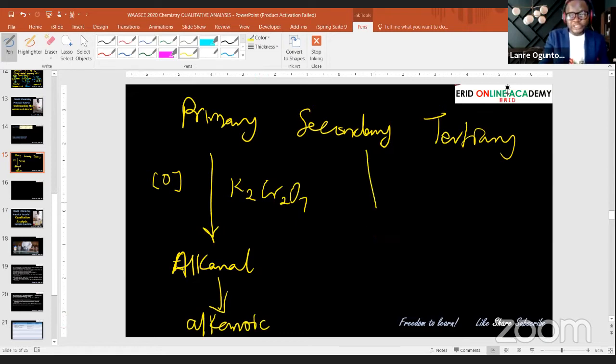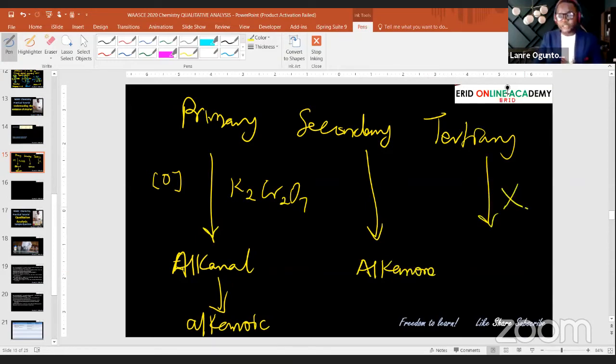If you do this for a secondary alcohol, it's going to oxidize it to alkanone. While your tertiary alcohol cannot be oxidized. Please take note: tertiary alcohol cannot be oxidized.